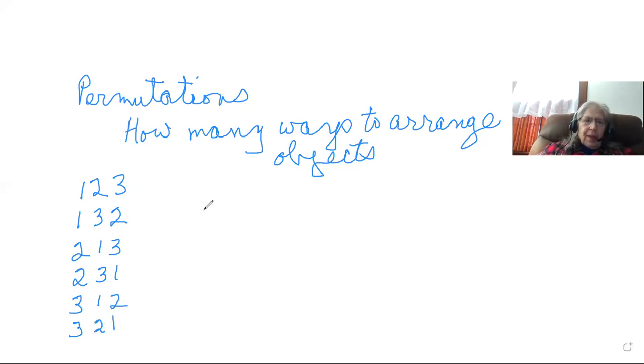So you would say there are 6 permutations of 3 objects. 6 permutations, which means 6 arrangements.